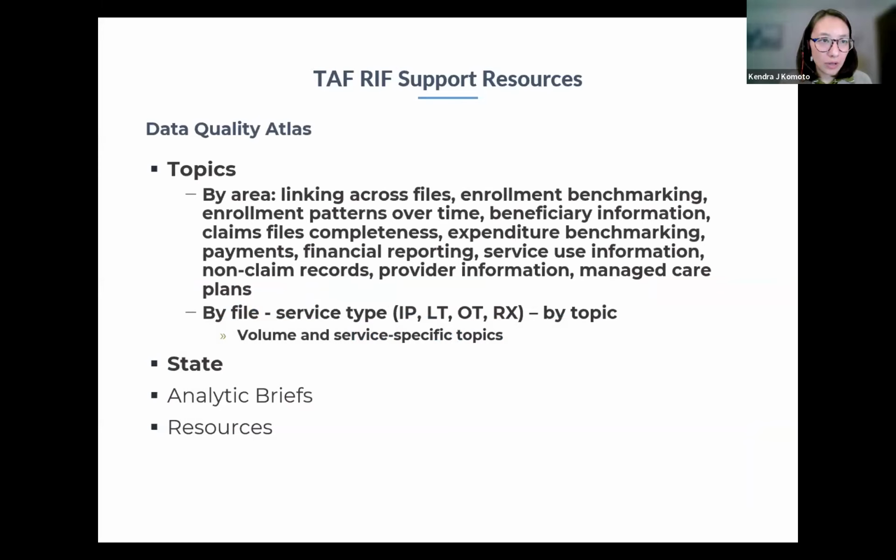So the Data Quality Atlas provides ratings of usability where each state year and data release has a topic that's been rated as high, medium, or low concern, or possibly unclassified or unusable. And each topic has its own methodology for assigning these values. Sometimes it's relying on an external benchmark.